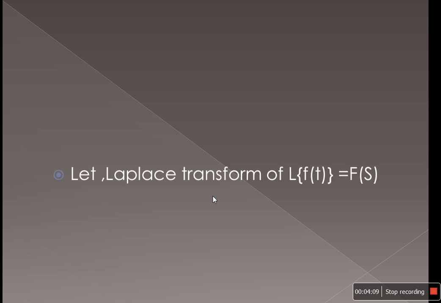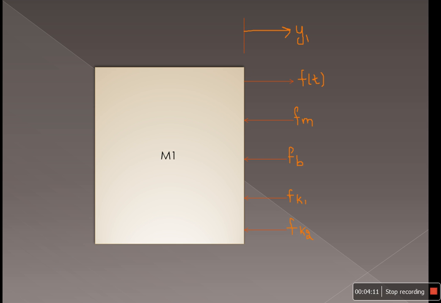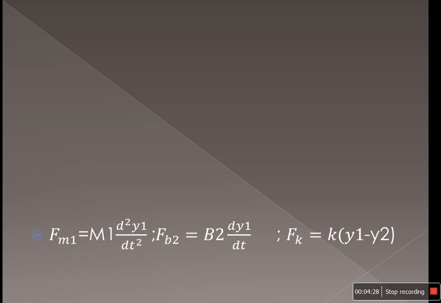So I am writing the equations for the mass m1. Applied force is F of t. Opposing forces are F m1, F b, F k1. Only F k2 is connected between m1 and m2, that's why I am taking the difference between the two displacements.